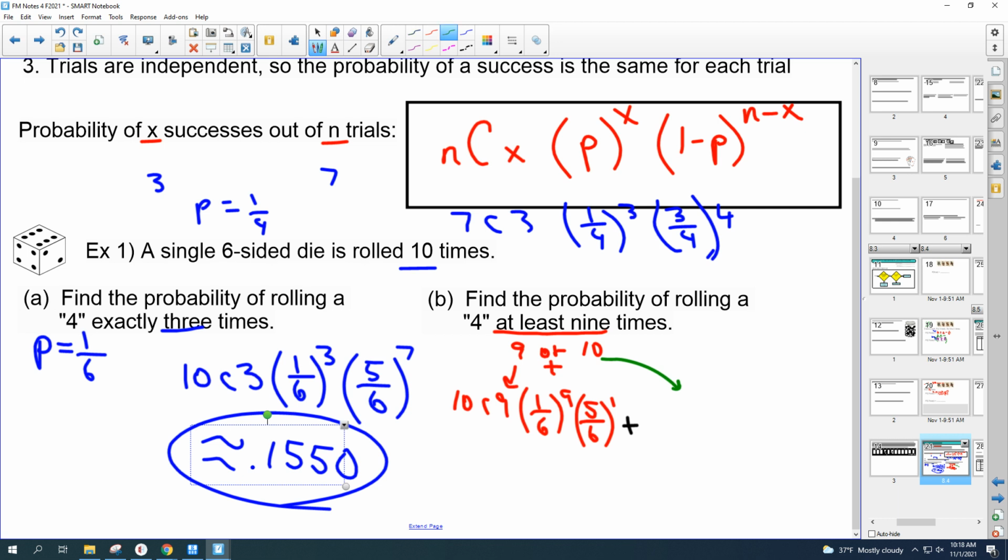So second time through, I'm going to go 10 choose 10 times 1/6 to the 10th times 5/6 to the 0. And 5/6 to the 0 is 1, and so if you know what you're doing, you're probably going to leave that out of your calculations. 5/6 to the 0 power is just 1. 10 choose 10, you're going to have that 4 all 10 of the time, so you can't really mix that up or shuffle that up at all.